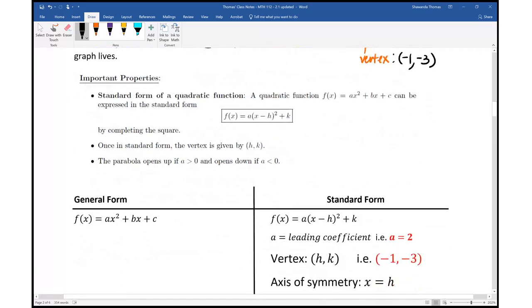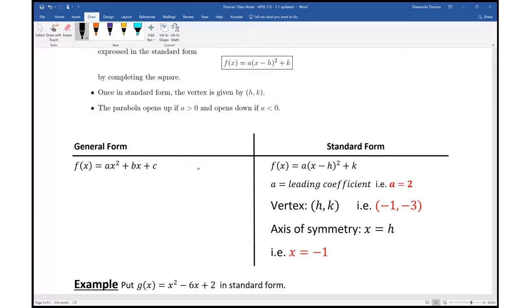All right, so here we have the general form versus the standard form. So let's look at the differences. Again, f of x equals ax squared plus bx plus c. f of x equals a times (x minus h) squared plus k. a is the leading coefficient. The vertex is represented by (h, k).